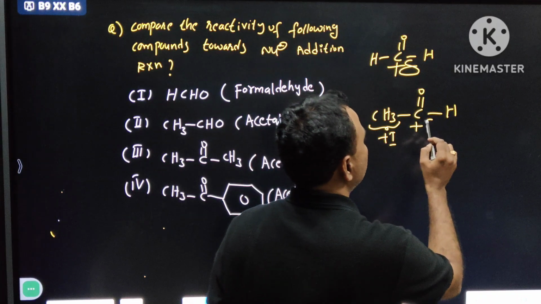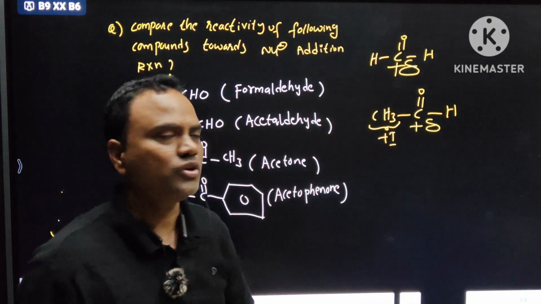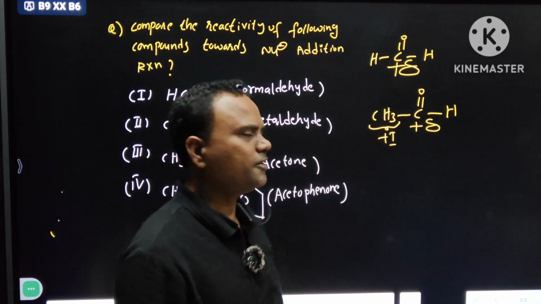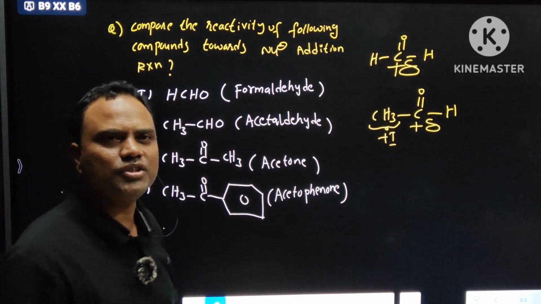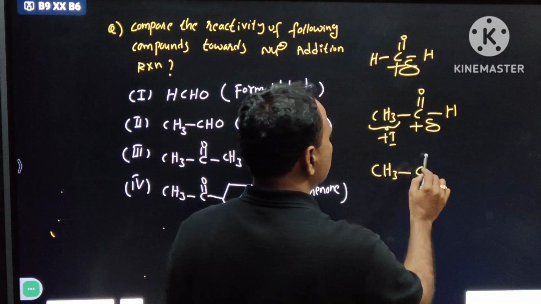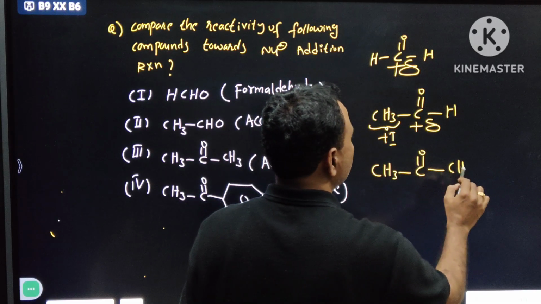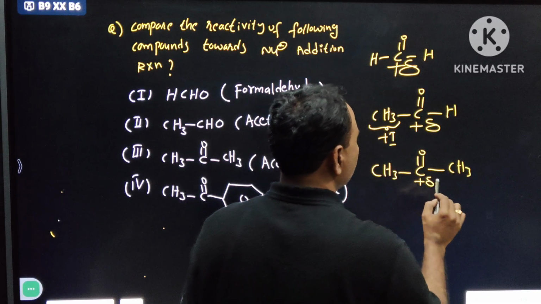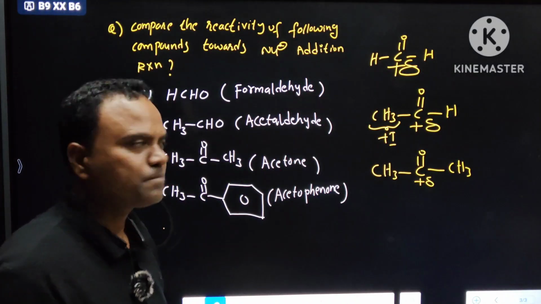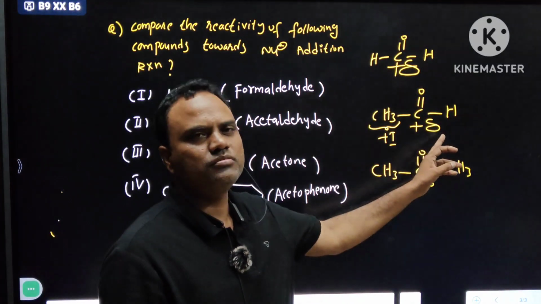So I am decreasing the positive charge magnitude. See, large positive, some little small positive. In ketones, two plus I groups are present. So electron donation is there from two sides, so I am decreasing the positive charge further. Clear?